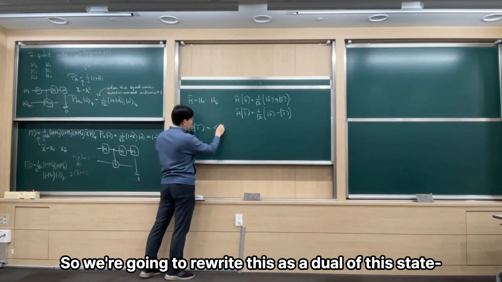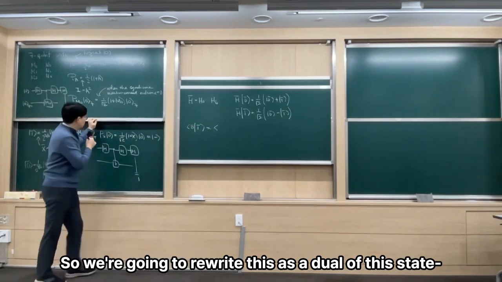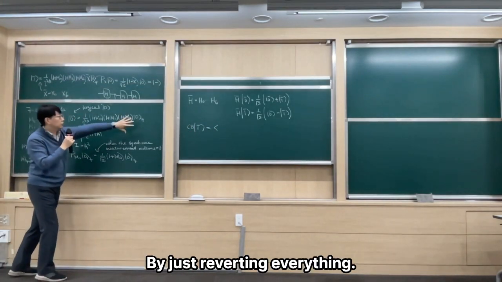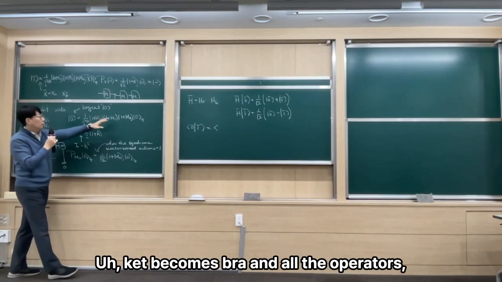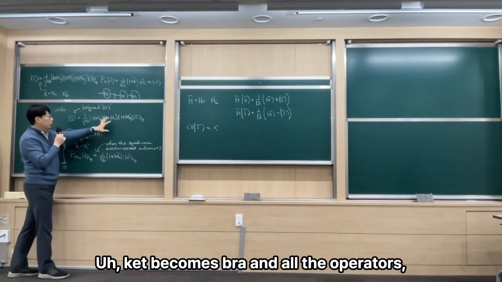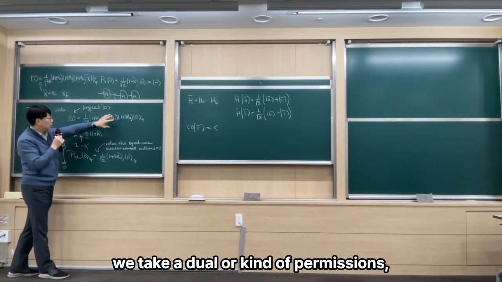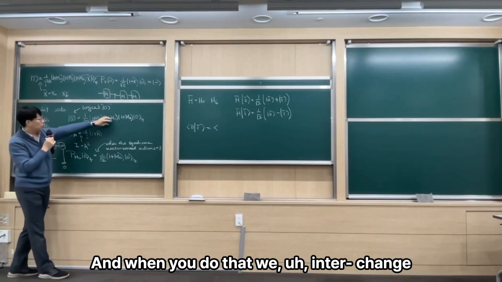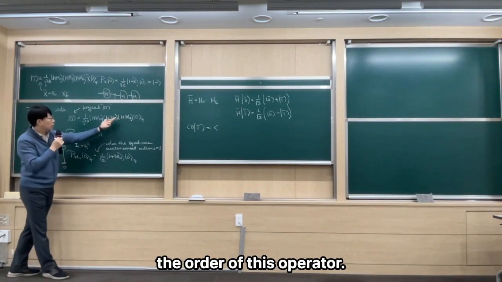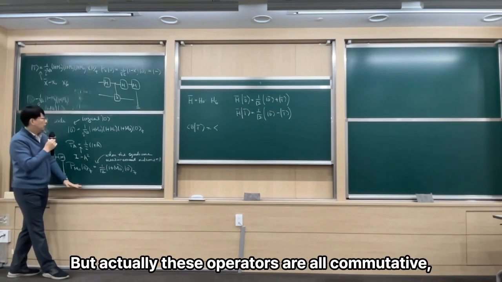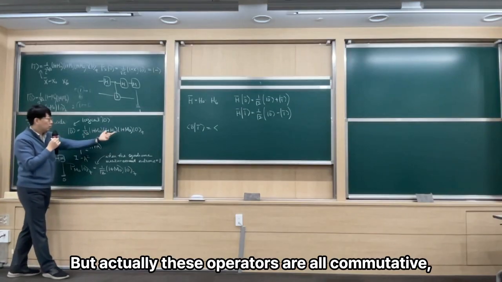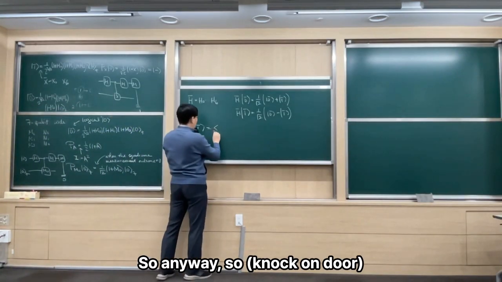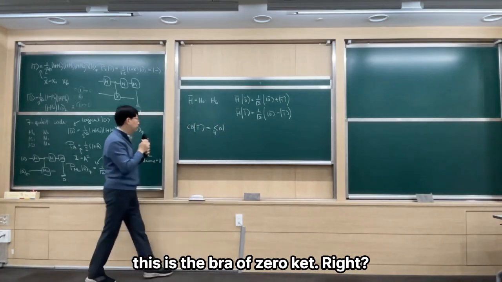So we're going to rewrite this as the dual of this state by just reverting everything. Cat becomes bra, and for all the operators you take the dual, and when you do that, we change the order of the operators. But actually, these operators are all commutative, so we can just skip the order. So anyway, this is the bra of 0 cat, right?